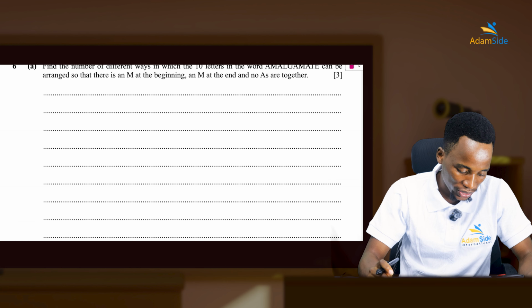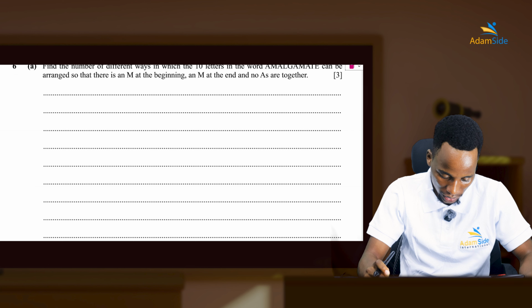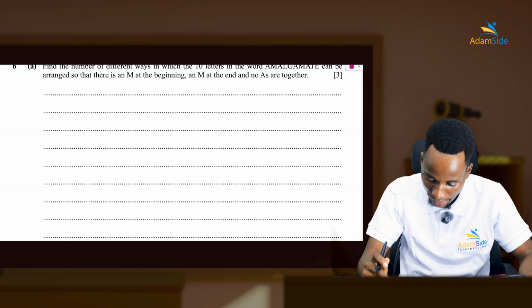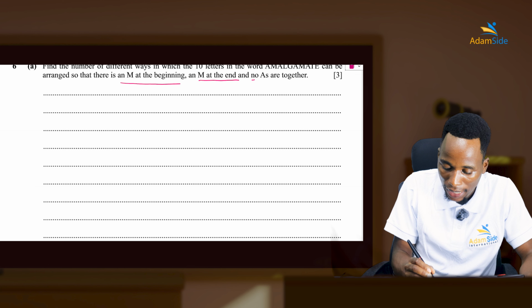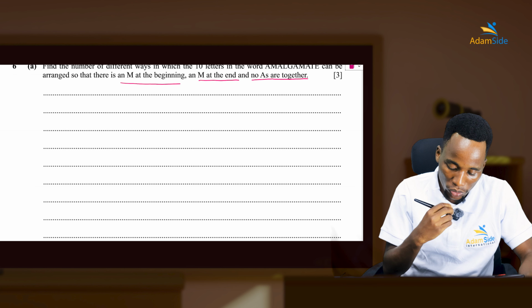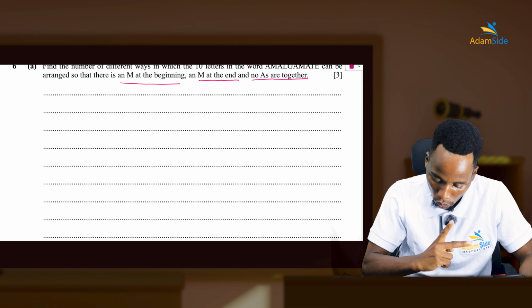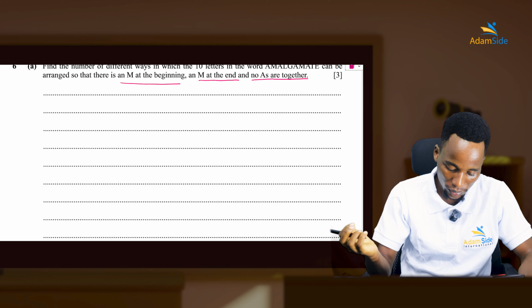Now we are moving to question 6. Part A says, find the number of different ways in which the 10 letters in the word amalgamate can be arranged so that there is M at the beginning, M at the end, and no A's are together. Meaning there are supposed to be no more than 2 A's coming together.